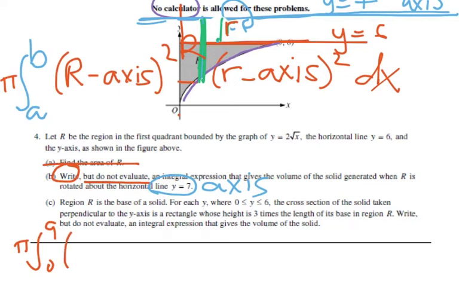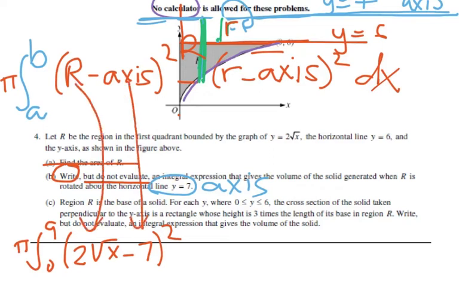Now, you can do the axis minus r or the other way around, but I like the big R, which is this curve, 2 square root of x, minus the axis, which is 7, squared, minus little r.